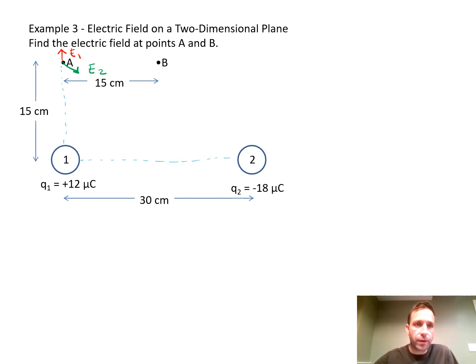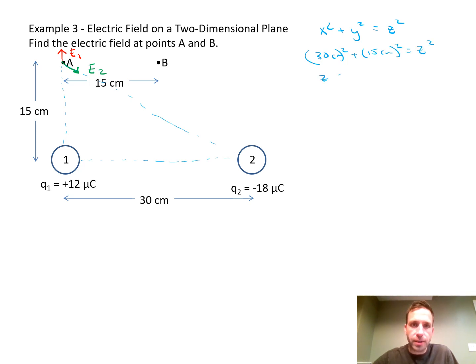So let's figure out the distance between point A and charge 2. To do that, we do the Pythagorean theorem. We know that x squared plus y squared equals z squared. And so 30 centimeters squared plus 15 centimeters squared equals z squared.